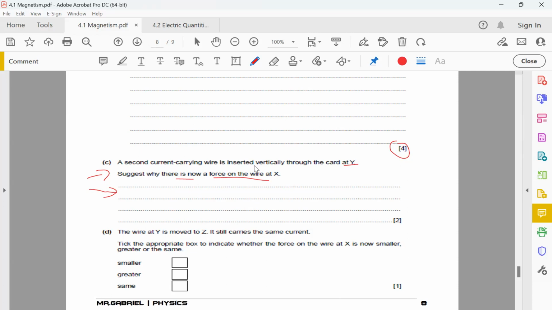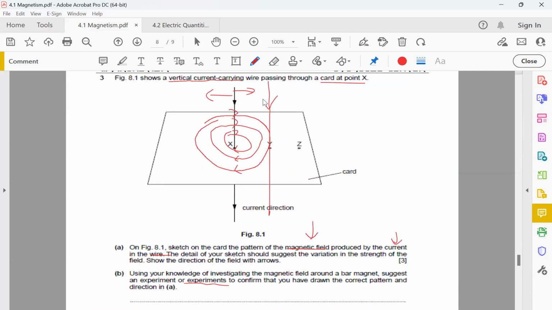Why will there be a force when I insert another wire into here? Why will there be a force acting on this wire here right now? What's happening? What is generating that force? Anyone did this question? I'd like to see your answer and see if anyone got it right.